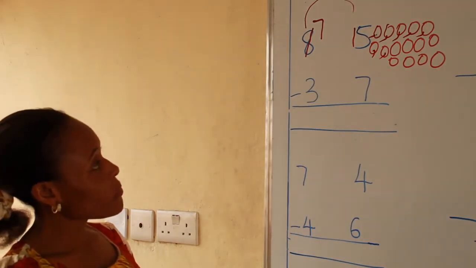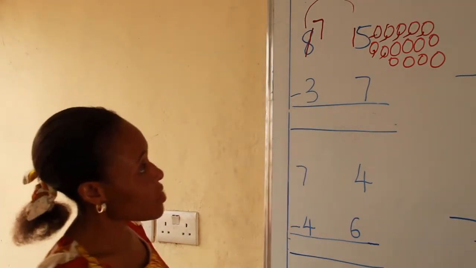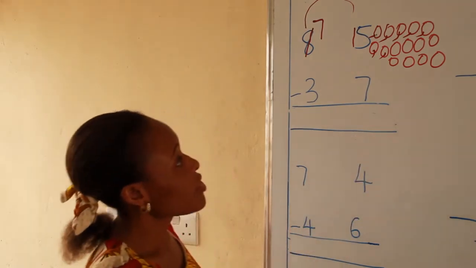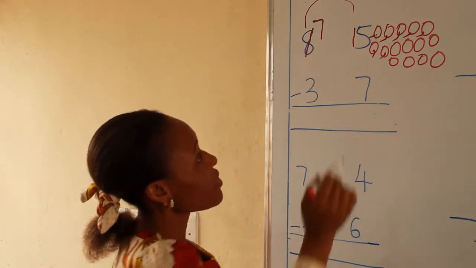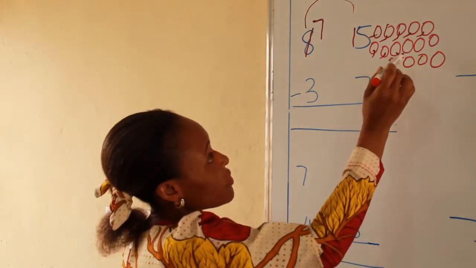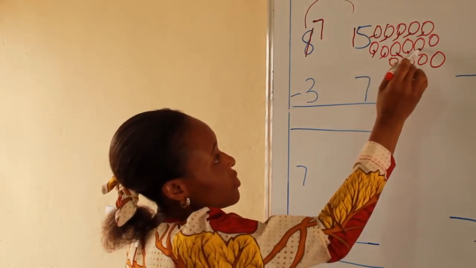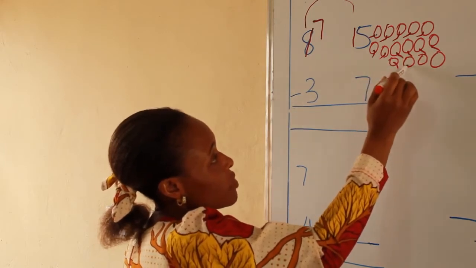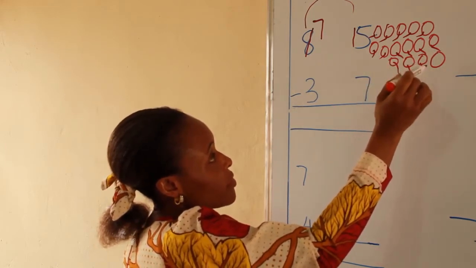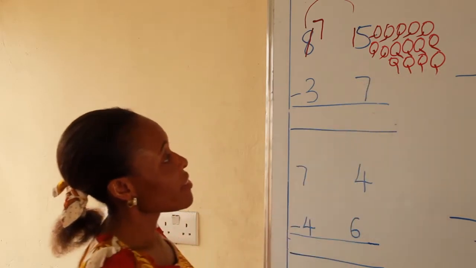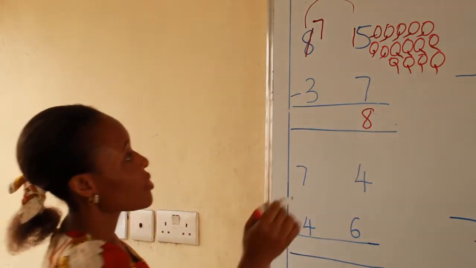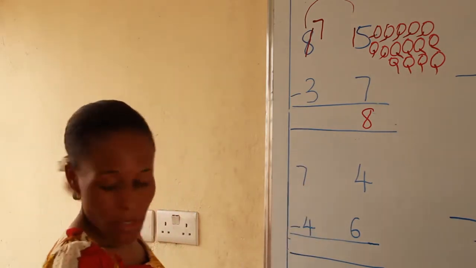Wow! So we are going to count the remaining counters together and then we'll write our answer here. 1, 2, 3, 4, 5, 6, 7, 8. The answer is what? 8. Good. We've written our 8.